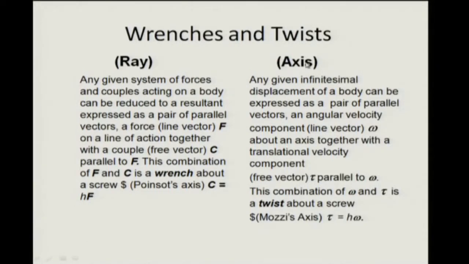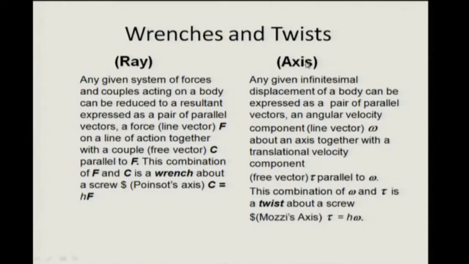We start off by looking at this. If you take any system of forces and couples acting on a body, that can be reduced to a resultant, which you have known for a very long time, except that here I am expressing it as a pair of parallel vectors: a force F along the line of action, together with a couple, a free vector C, parallel to F. This combination of F and C is called a wrench about a screw, and typically a dollar symbol is used to represent it.